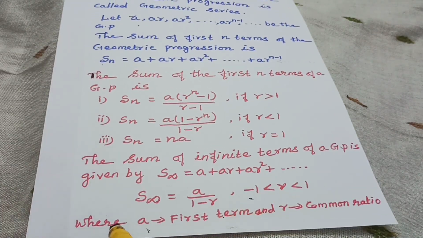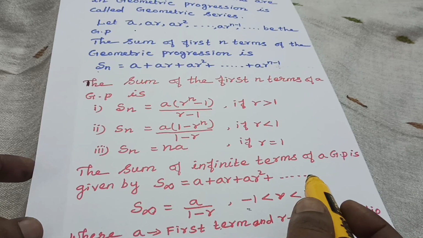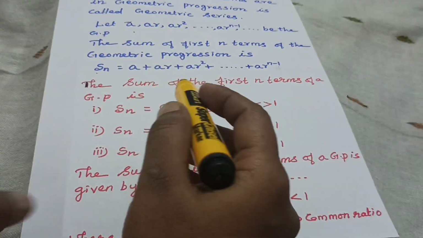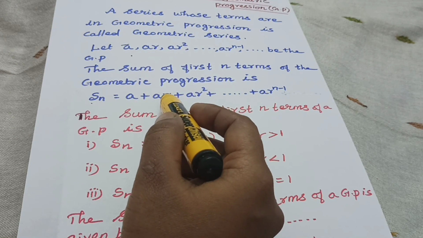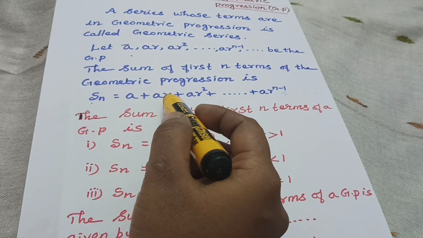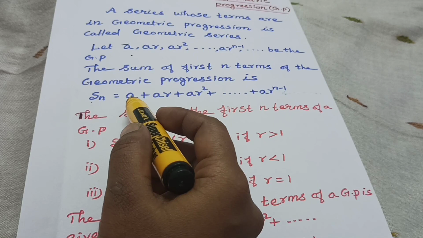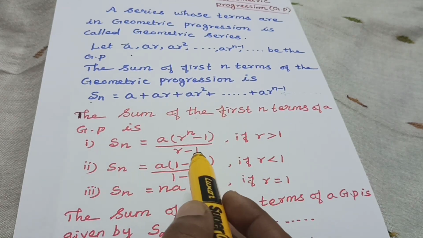Am I correct? r is the common ratio of this series. First term is a. Then how we can find out the common ratio? Second term divided by first term, we will get the r value.